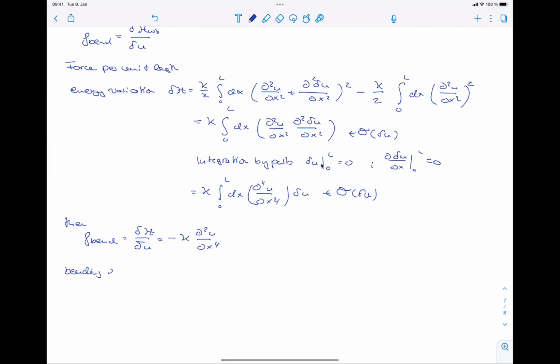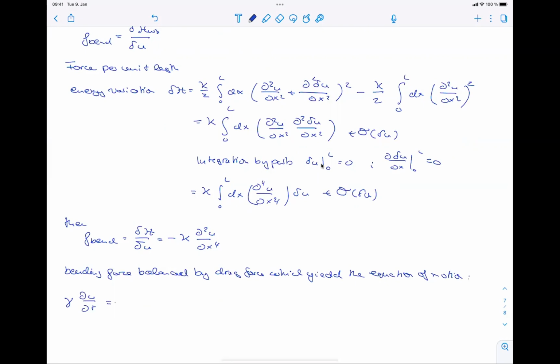So the bending force is then balanced by a drag force, which yields the equation of motion. And again, we neglect inertia because these dynamics would relax quickly.